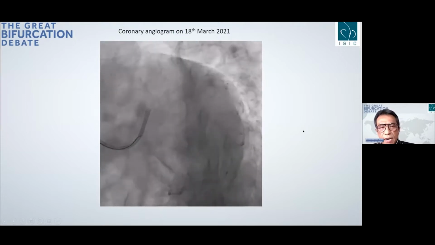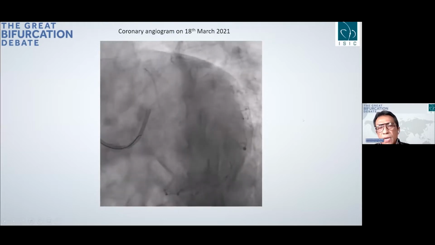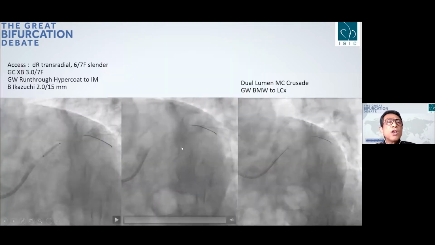This is a really complex left main, because it's very difficult to wire to go to the LAD or to the circumflex.